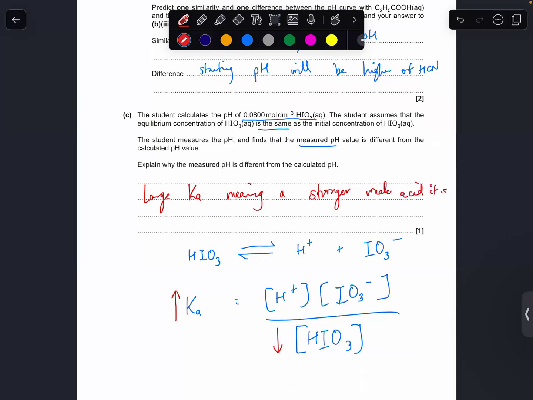And additionally, as an option, you can say that the concentration of iodic acid at equilibrium is lower than its initial.